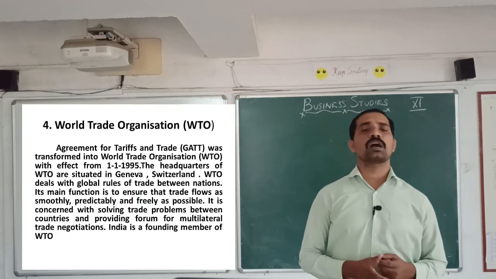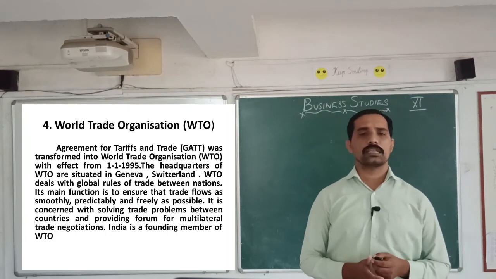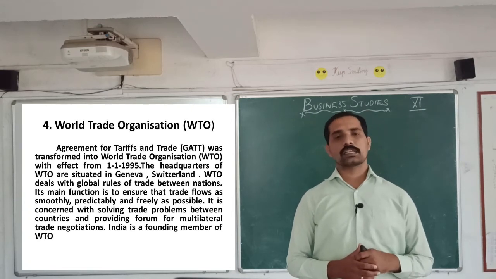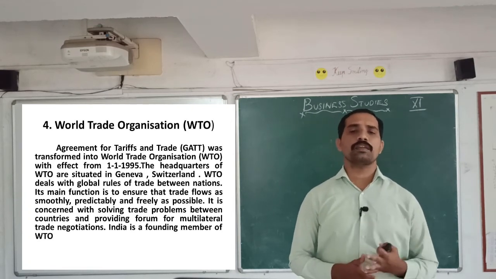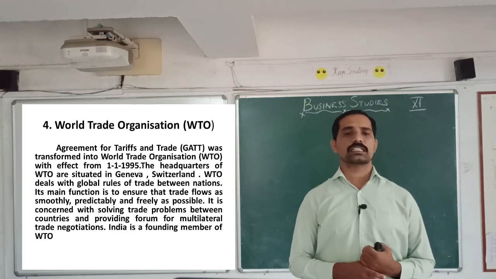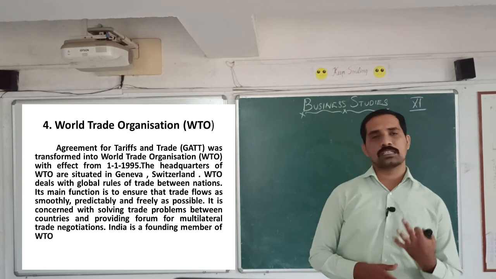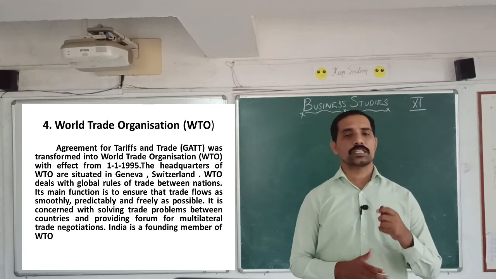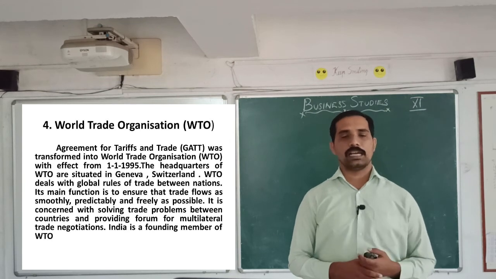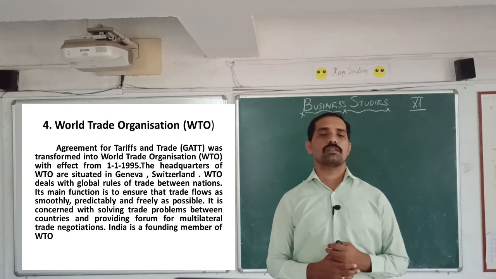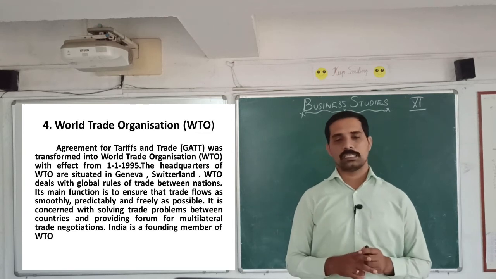And then next one, World Trade Organization. The General Agreement on Tariffs and Trade, that is GATT, was transformed into the World Trade Organization with effect from 1/1/1995. The headquarters of the World Trade Organization is situated in Geneva, Switzerland. The WTO deals with the global rules of trade between nations.